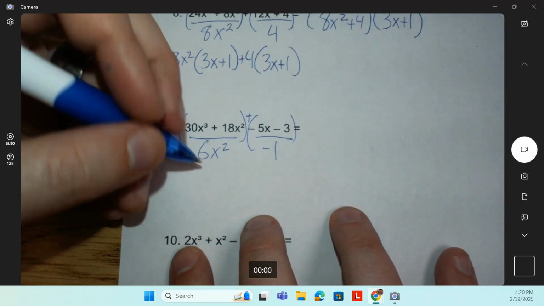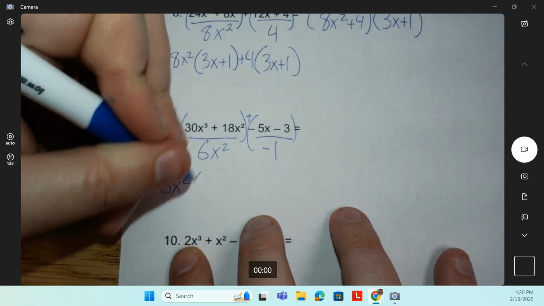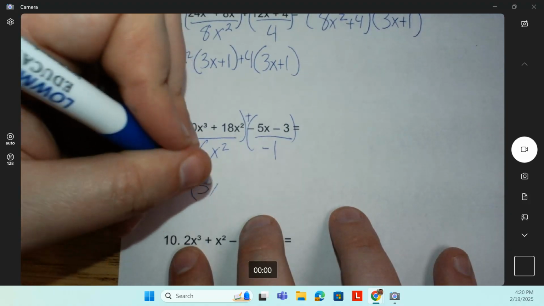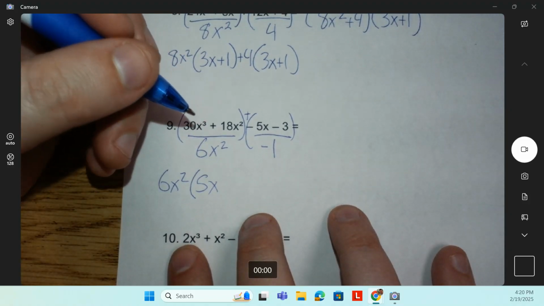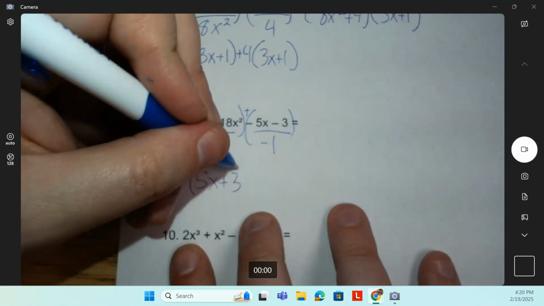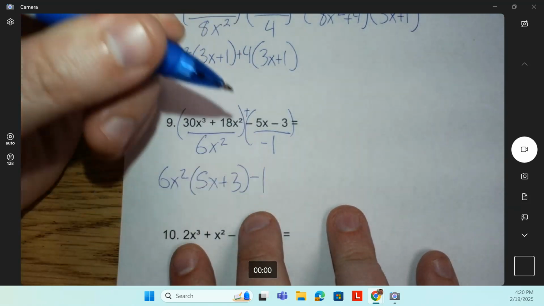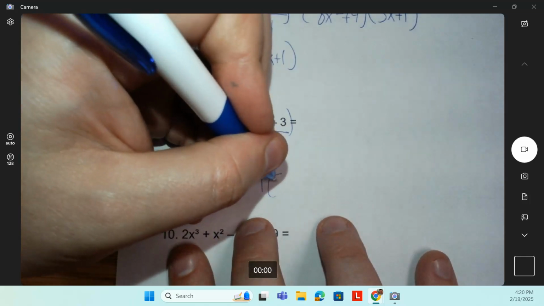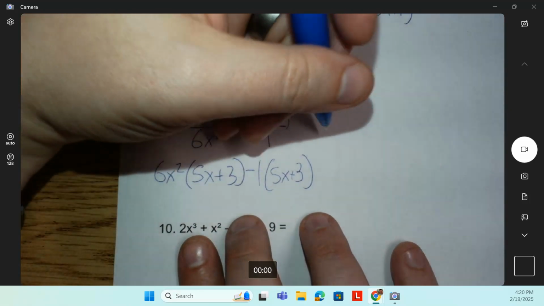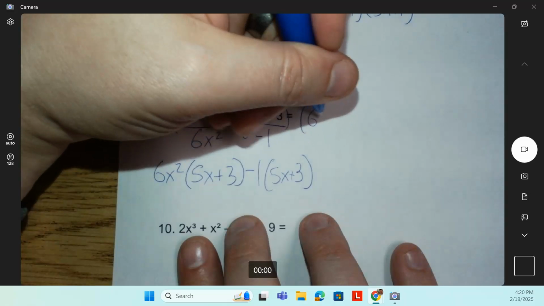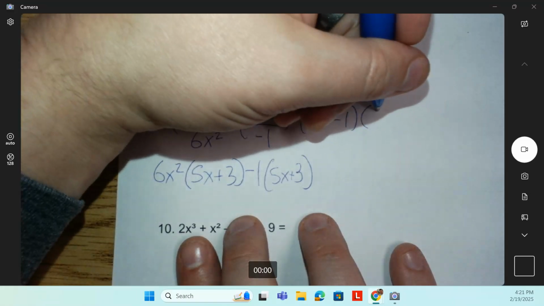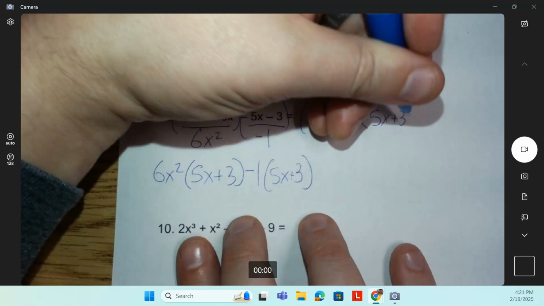So if I do 6x squared, 30 divided by 6 gives me 5, so 5x, and plus 3. Then I put that negative 1, and that changes that to 5x plus 3. So again, I've got the same thing. So I'll rewrite it as 6x squared minus 1, all that times 5x plus 3.